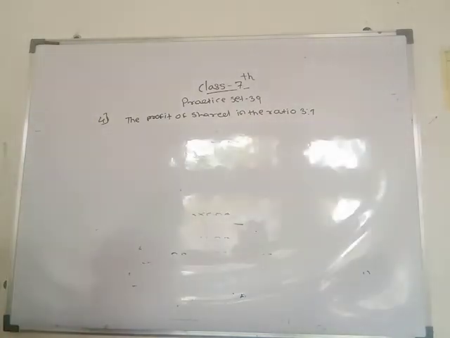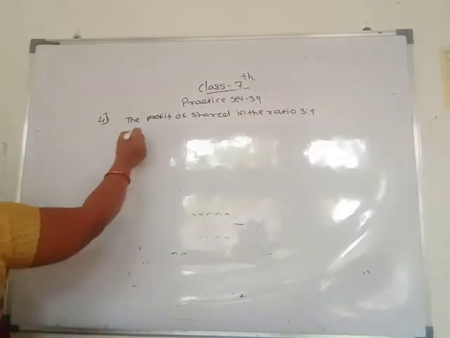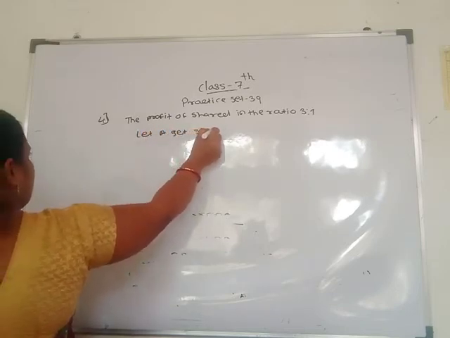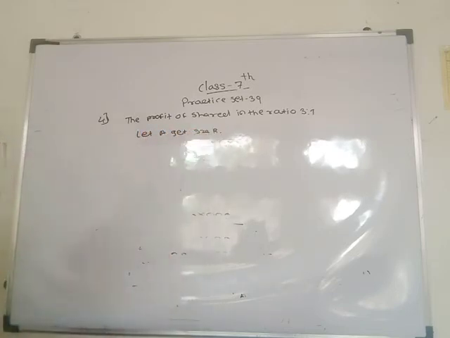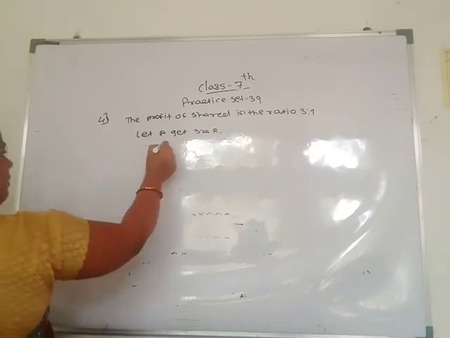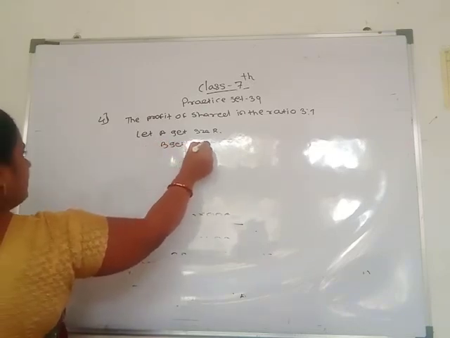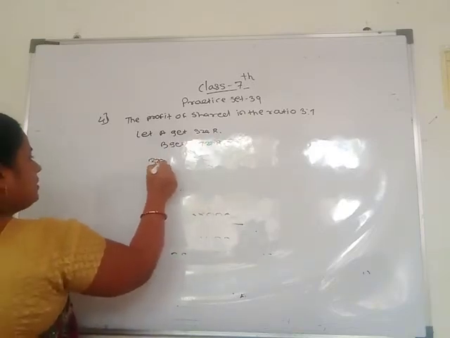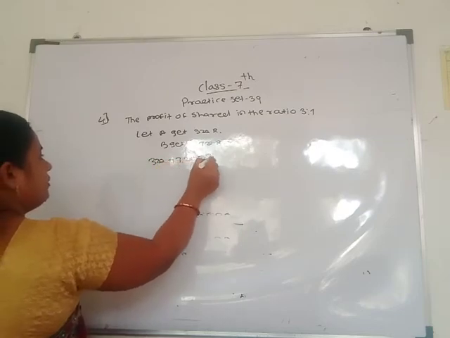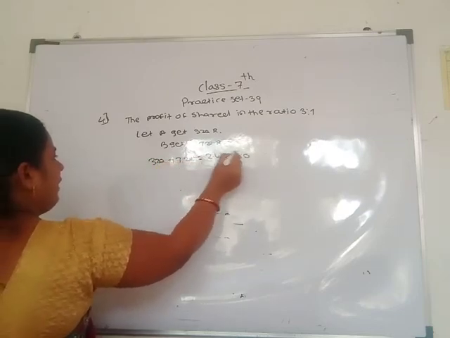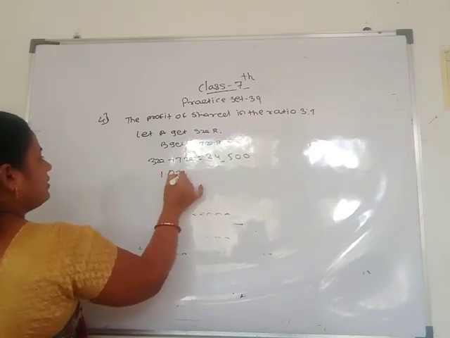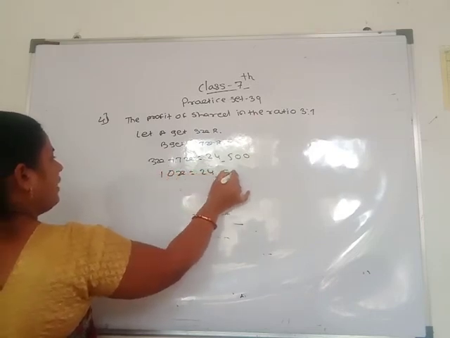Then let A get 3x rupees and B get 7x rupees. Then the total profit is 24,500, means 3x plus 7x is equal to 24,500. 7 plus 3 is 10, so 10x is equal to 24,500.